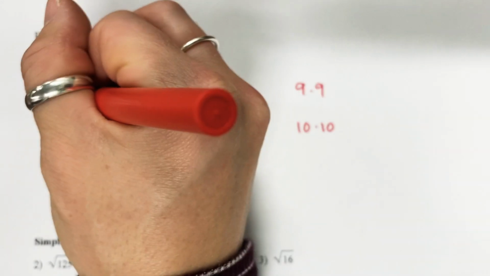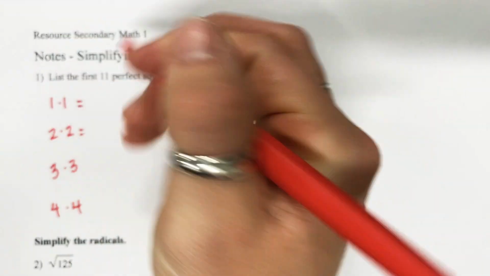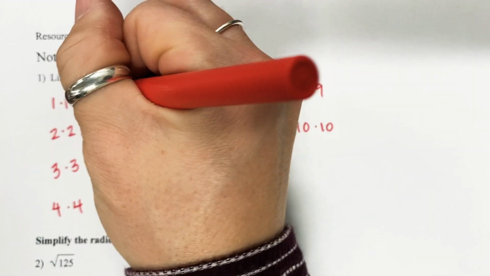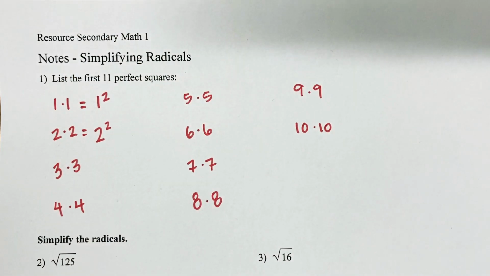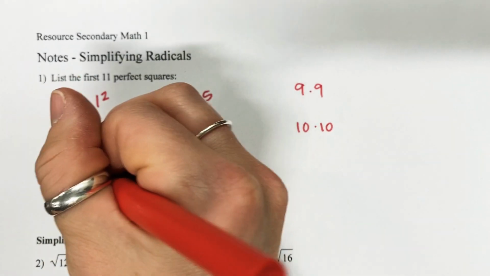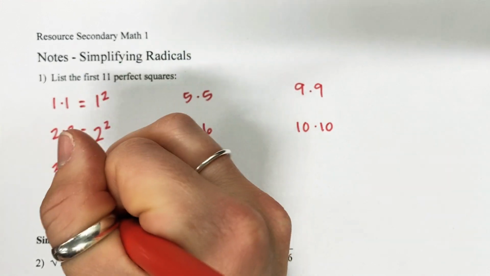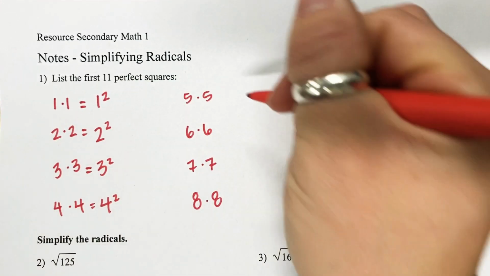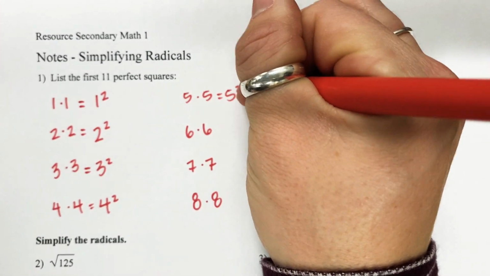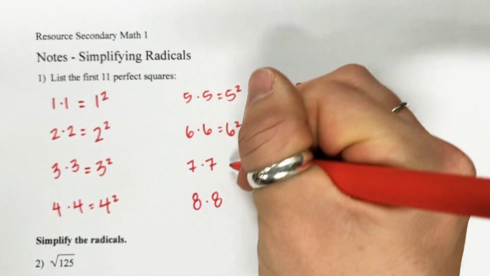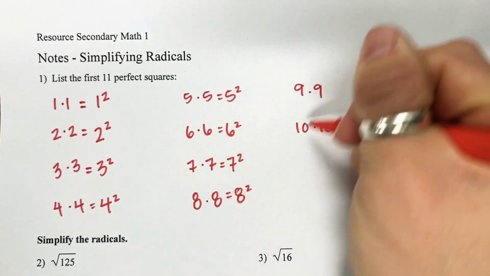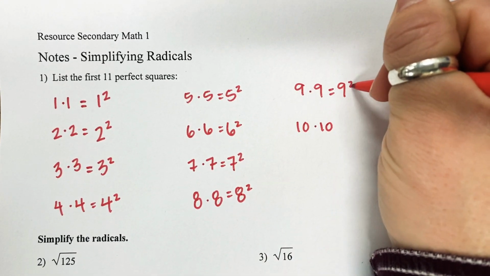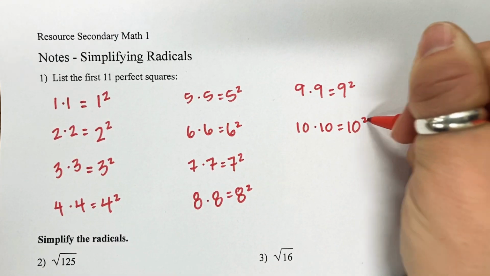Another way to rewrite all of these is: 1 times 1 is 1 squared. 2 times 2 is 2 squared, or 2 to the second power, right? 3 times 3, 3 squared, 4 times 4, and so on. Let's finish our list: 9 squared and 10 squared.